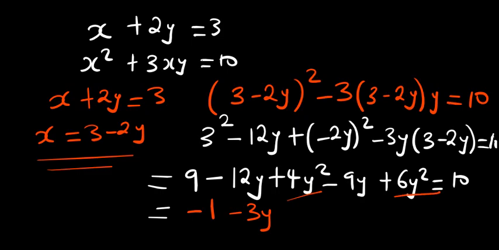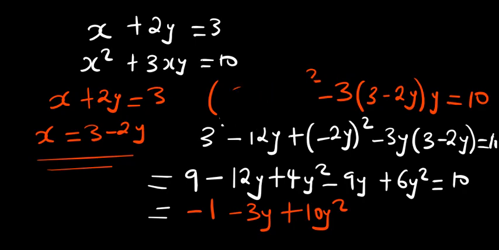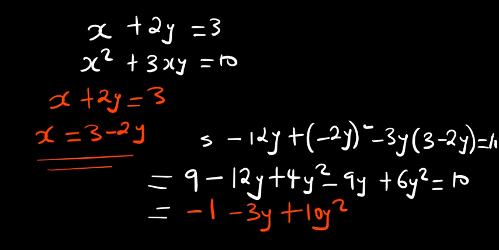So these ones, I'm adding them. I'm going to have plus 10y squared. Okay, basically that is the quadratic that we have. Then we're just supposed to solve this quadratic, and the answers that we're going to get, let me put it here.